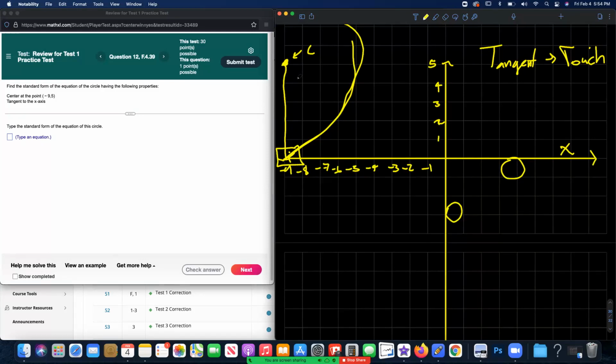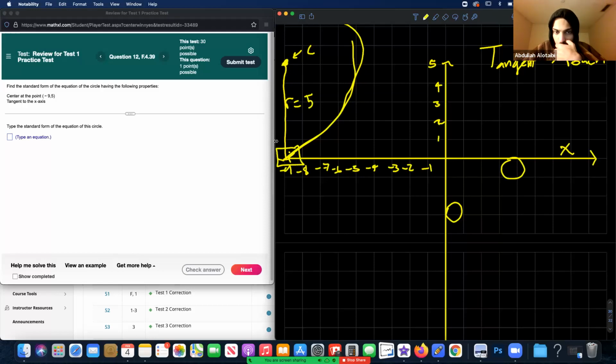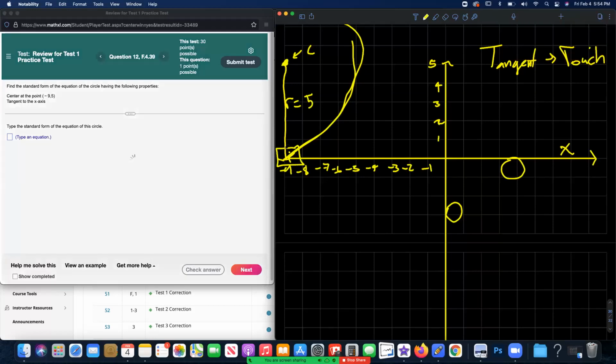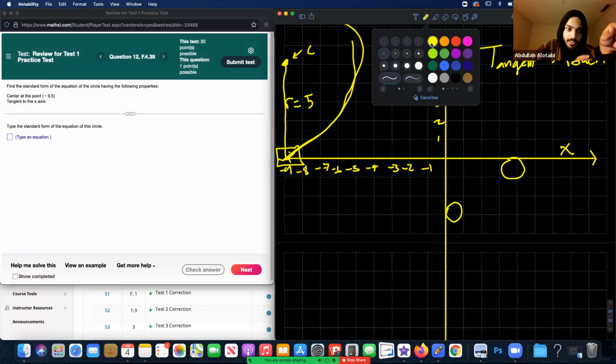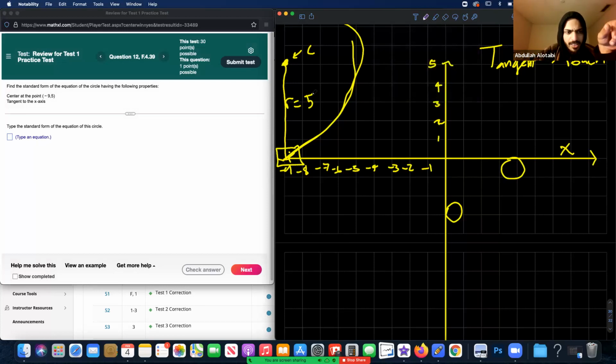Now, the reason that's important is because it tells you that if it touches the x-axis, the radius has to be just this number. Oh, the 9 squared. Well, 5, but if it's tangent to the x-axis, yes, the radius is going to be the y value or the k value.